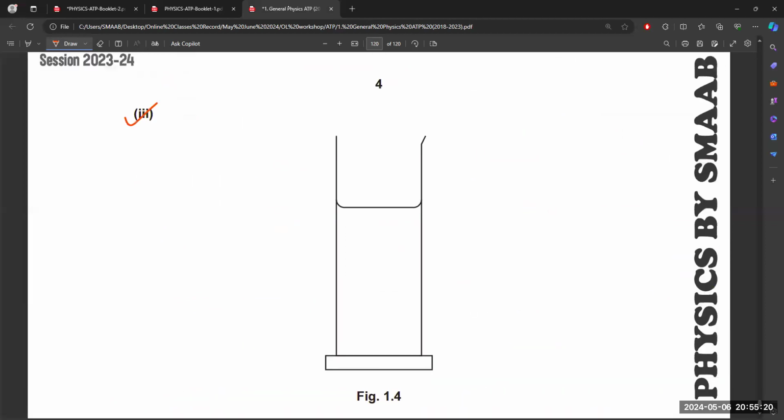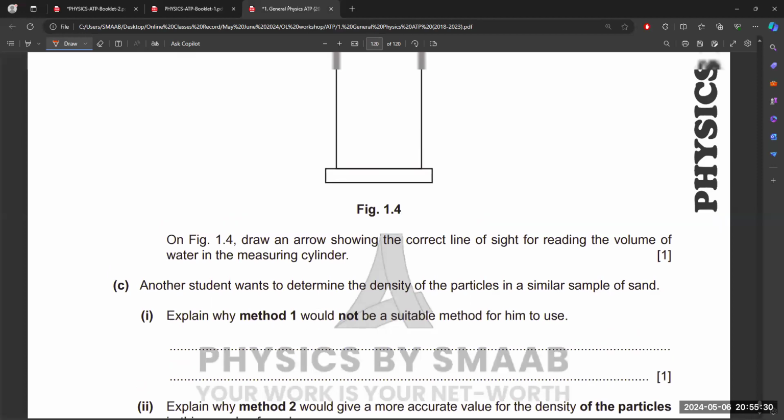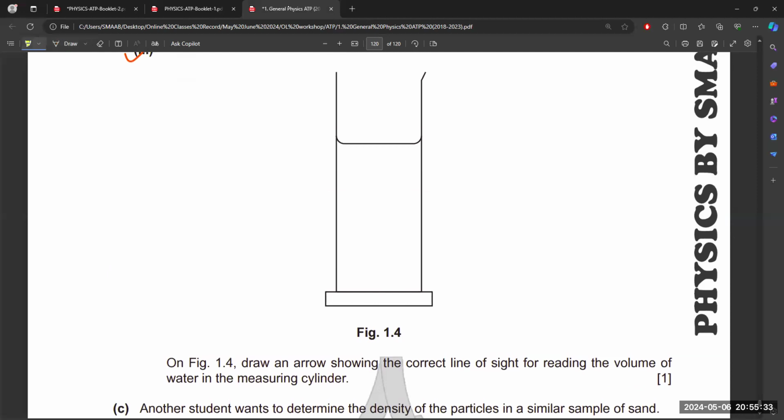In the third part, on figure 1.4, draw an arrow showing the correct line of sight for reading the volume of water in the measuring cylinder. So you have to draw an arrow that shows the correct line of sight. So what will be that line for correct observation? This is the concept that we discussed in parallax error, right?